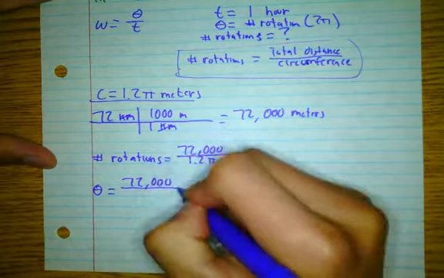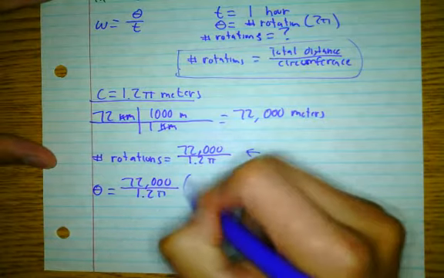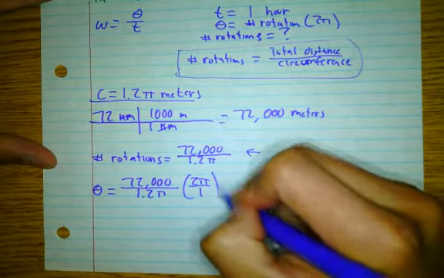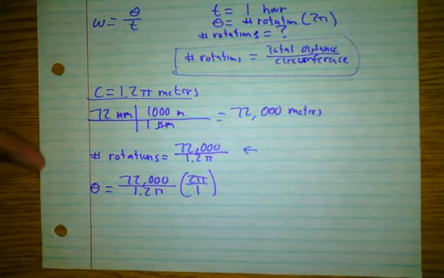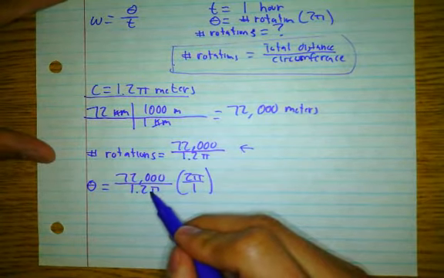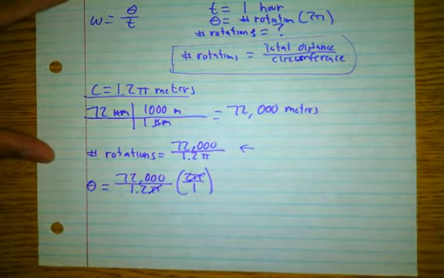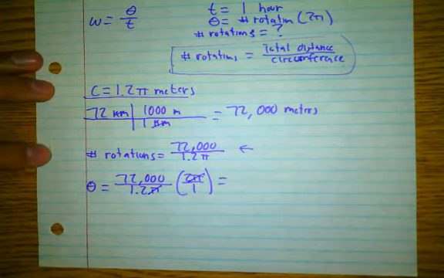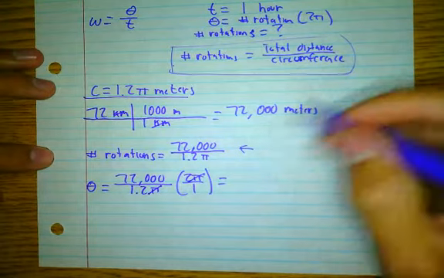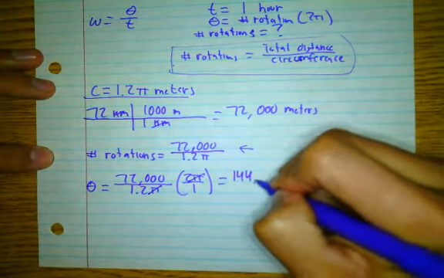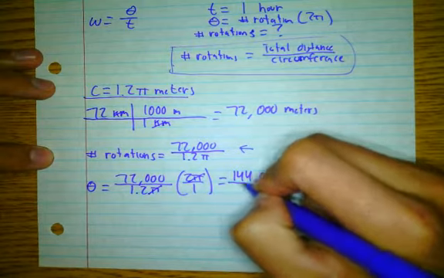The reason I did that is because I want you to notice what's going to happen with the pi. Goodbye. Now, 72,000 times 2 becomes 144,000. 144,000 over 1.2. Can somebody plug that in? What is it?